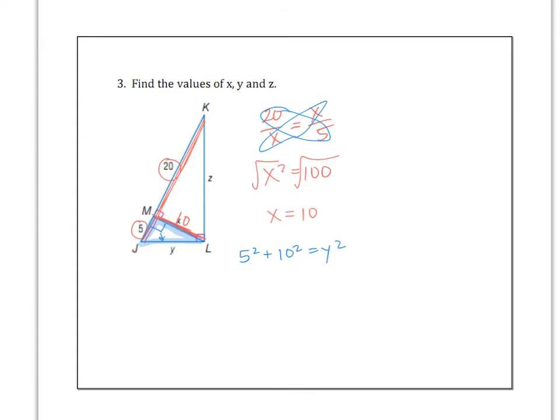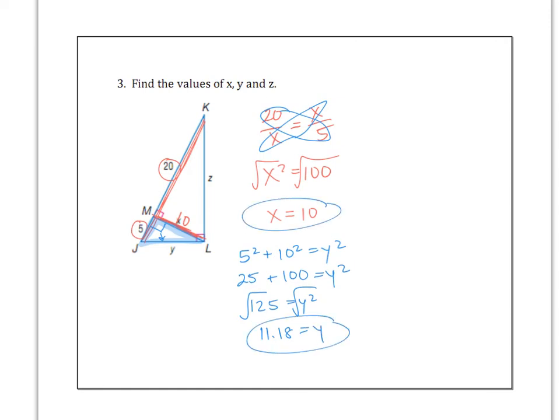Y has to be your c because it's across from the 90-degree angle. So 5 squared is 25, 10 squared is 100, and then we still have y squared. And then add that up, it's 125 equals y squared, square root, and the square root of 125 is about 11.18. And so that is y.